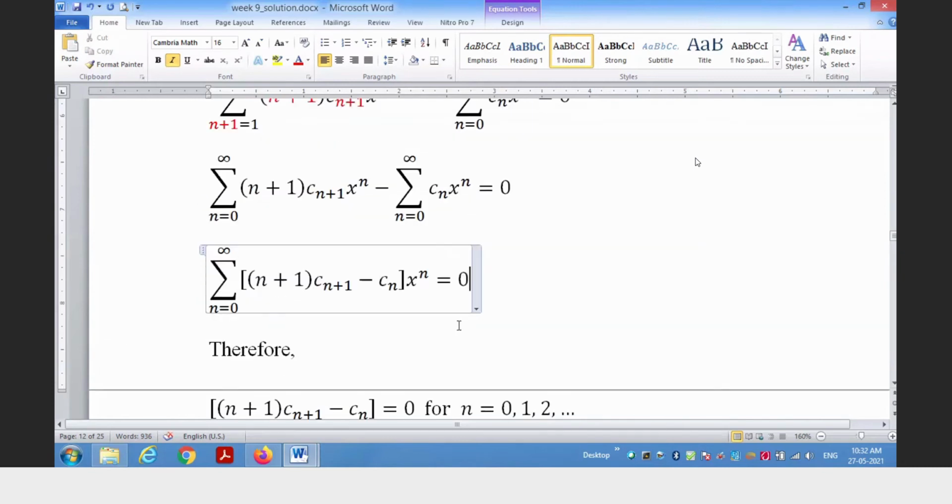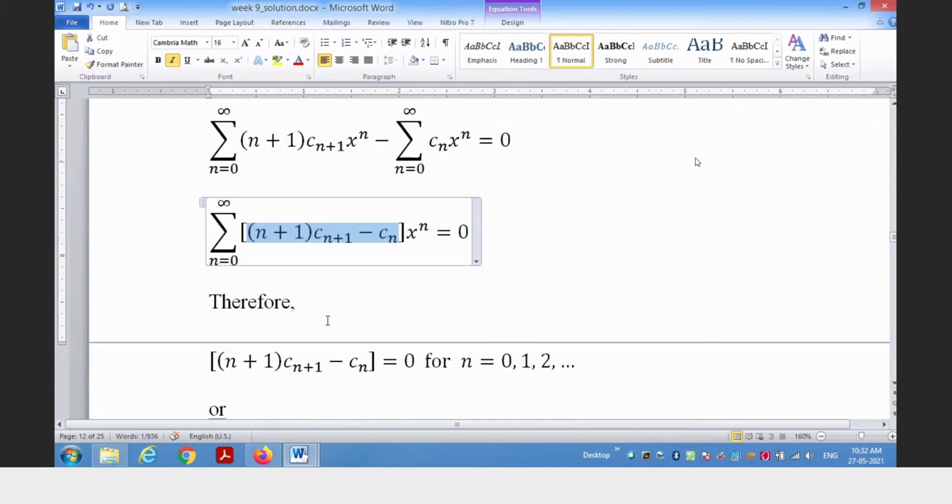This will be 0 if and only if all the coefficients become 0, which is (n+1) c(n+1) minus cn equal to 0, for n equal to 0, 1, 2, and so on.